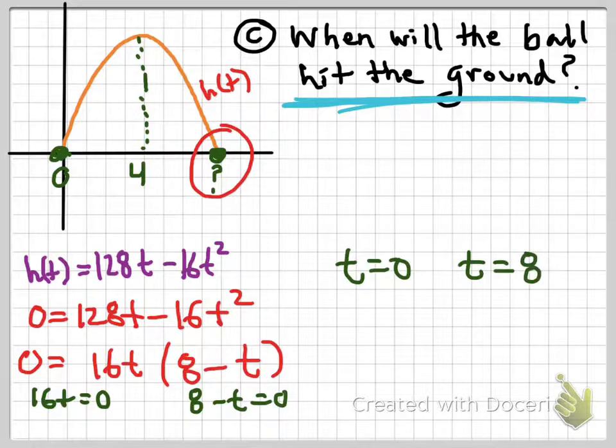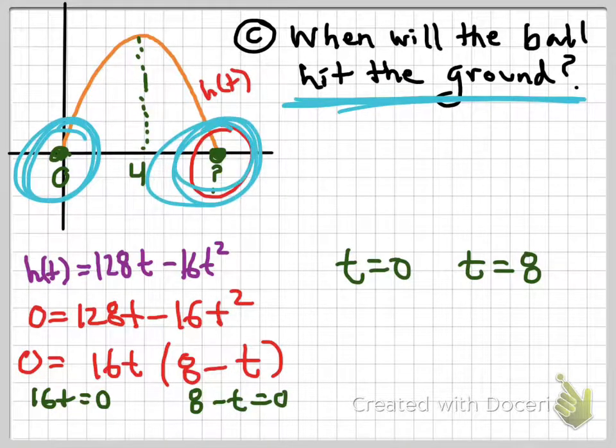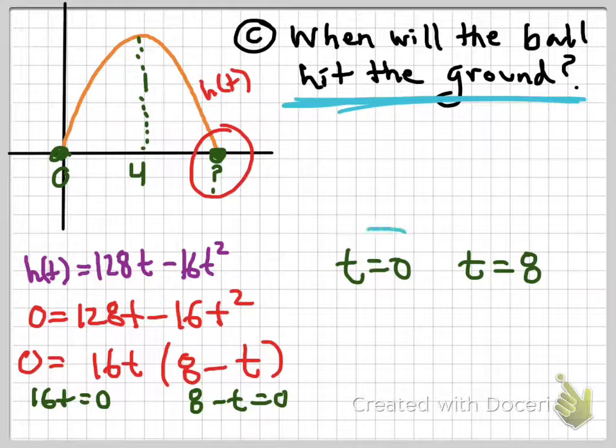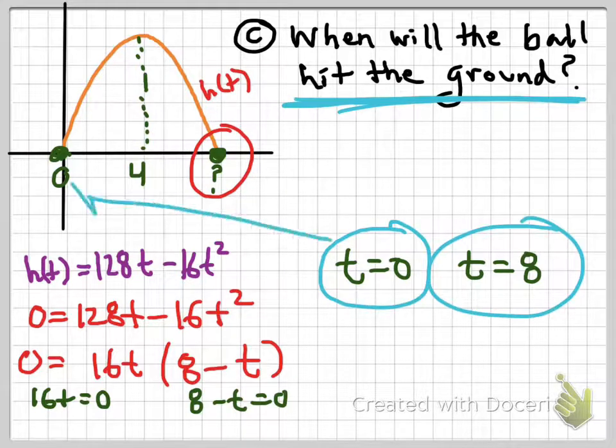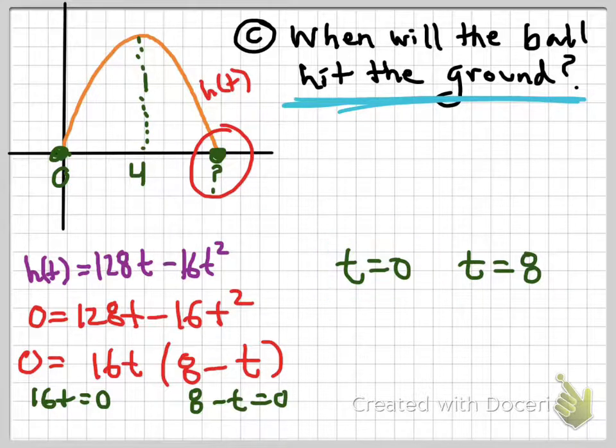Two answers make sense because when I'm looking over here at my graph, it started at time equals 0, it lands at time equals 8. So I'm totally getting why we got these two answers. Time equals 0 seconds, time equals 8 seconds match up to these things. So to answer the actual question, I'm not going to use both of the 0 and the 8, so I'm going to uncircle those.